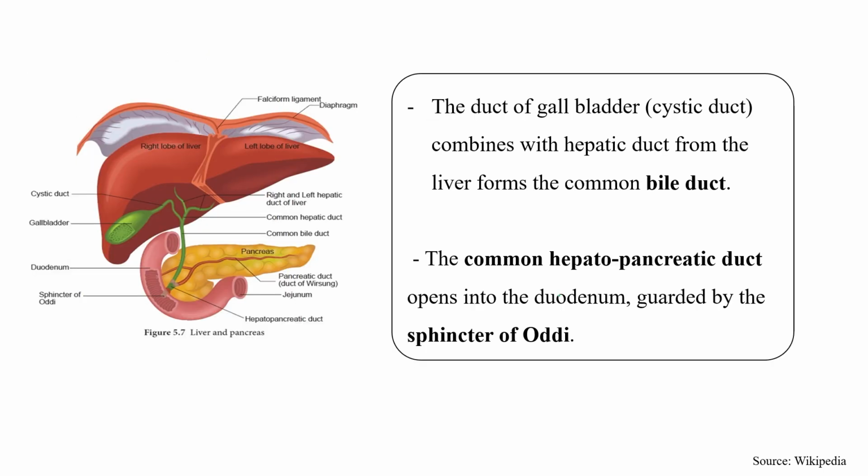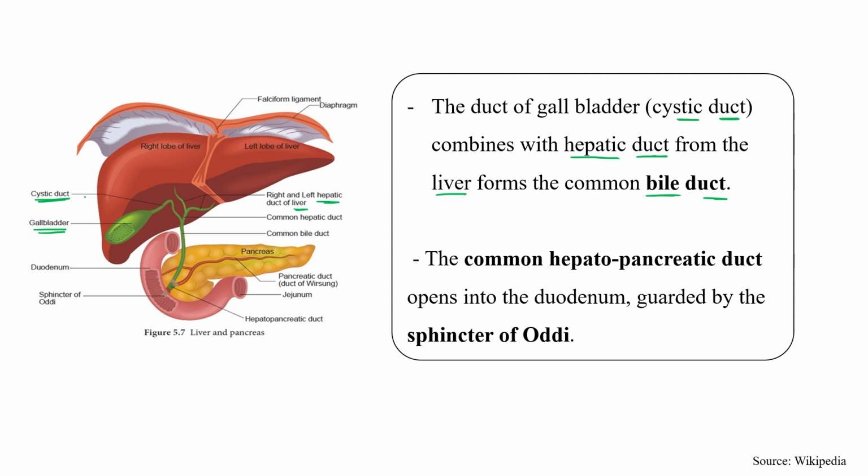The duct of the gallbladder, which is also known as the cystic duct, combines with the hepatic duct from the liver and forms a common bile duct. This is the cystic duct, which is associated with the gallbladder, and this is the hepatic duct, which comes directly from the liver side.